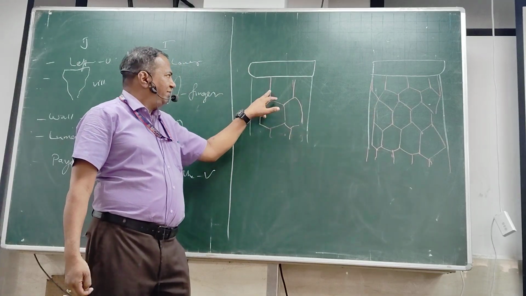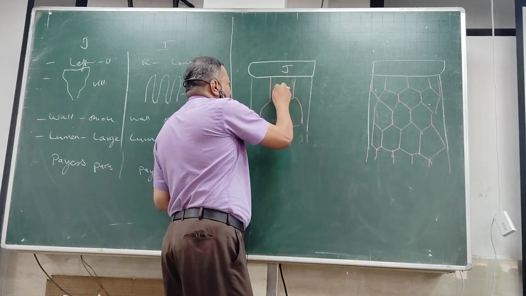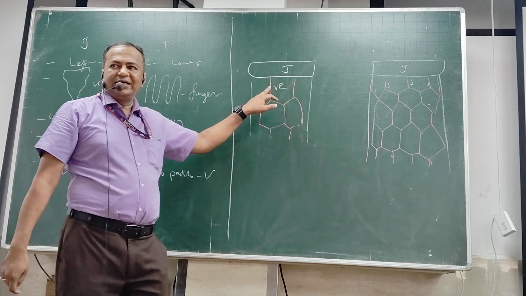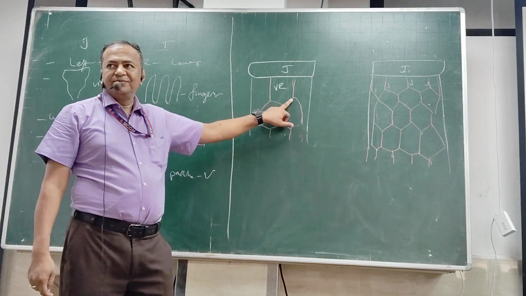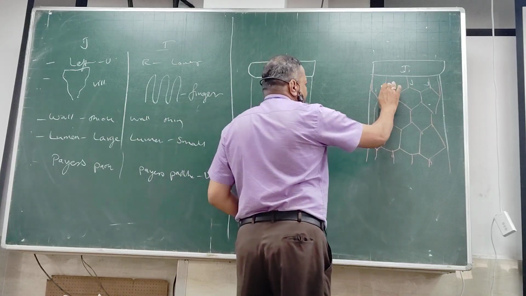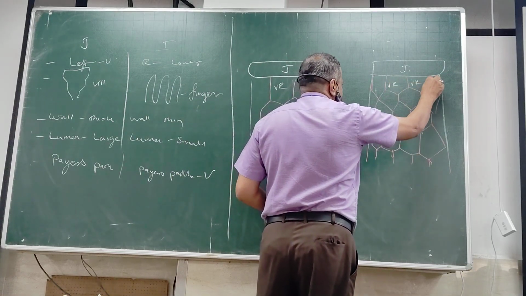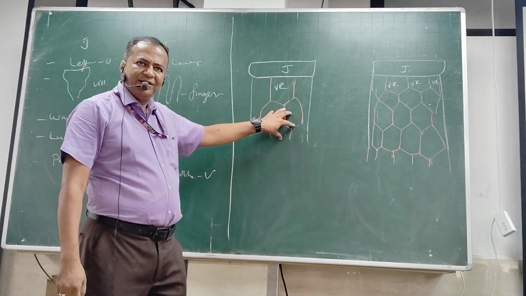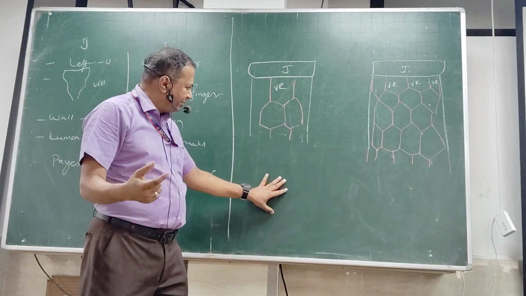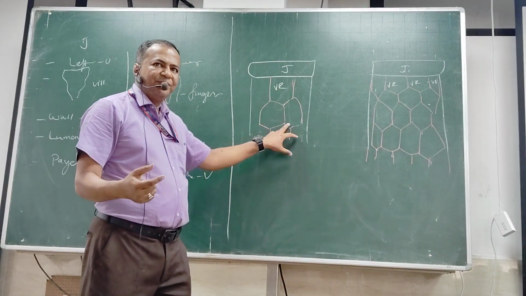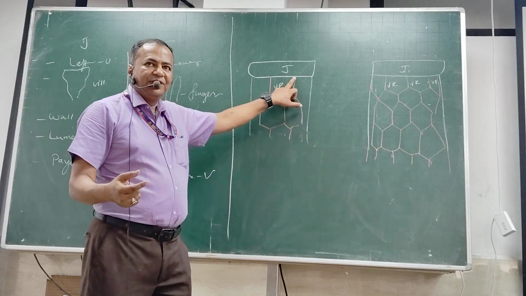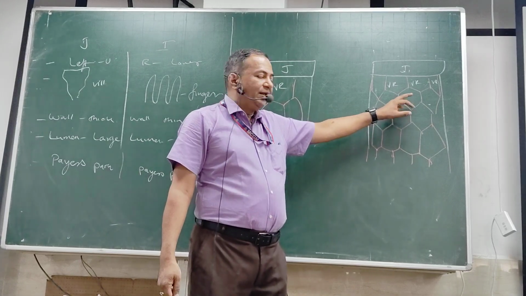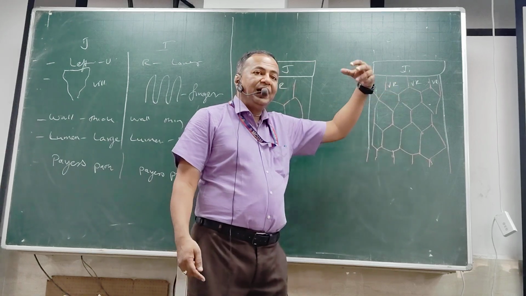At the end of the arcade there is a vessel which goes to the jejunum, that is called the vasa recta. This is ileum. So vasa recta are longer and fewer. Because the arcades are only two storied, the superior mesenteric artery gives branches, forms two arcades, then vasa recta longer and fewer. These are five-six storied arcades, so their vasa recta are shorter and many.